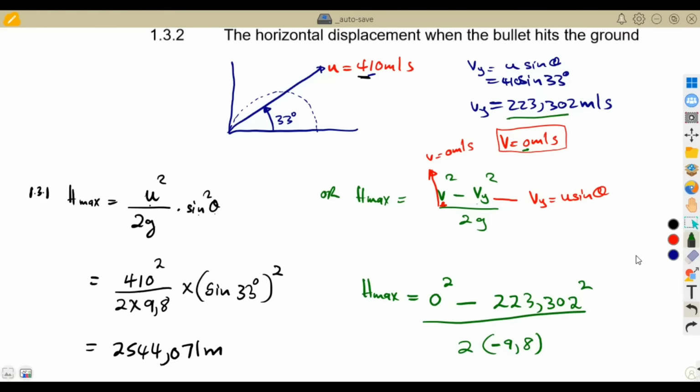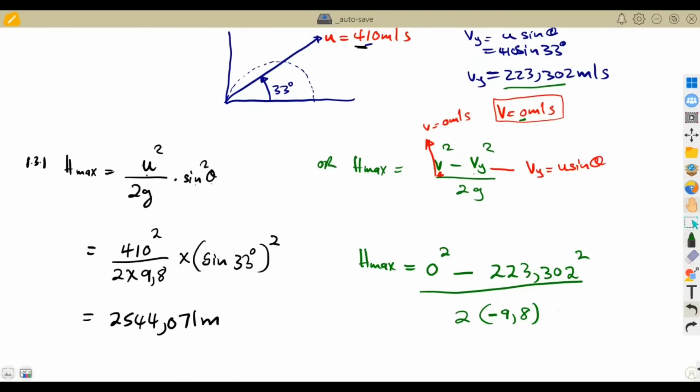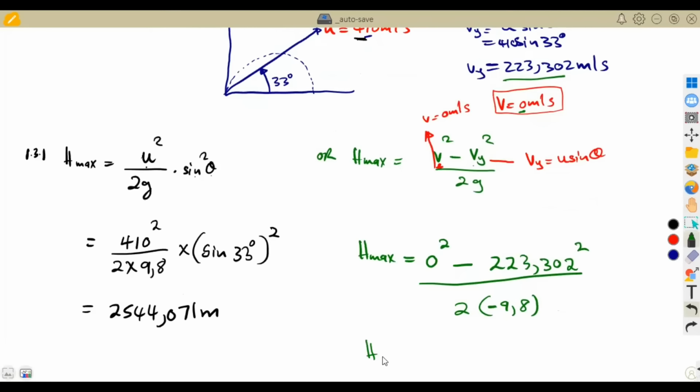It's going up and you're opposing it from going down, so it's going to be taken as a negative. So our H max is going to give us something like 2,544,071 in meters again. So that is the idea of this typical question. If you consider this, you are supposed to obtain the same thing as from the first part.